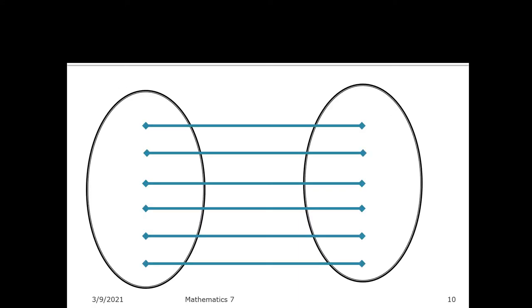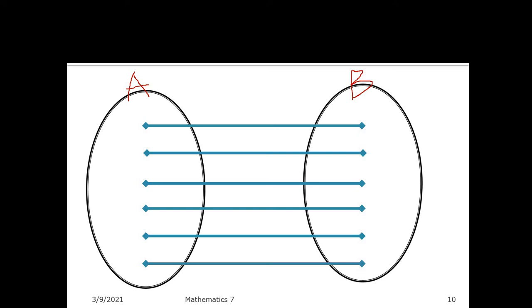That means we cannot repeat our domain or our input. In this case, this is set A, and the second one is our set B. Every element in A is paired with exactly one element in B. So they have a unique pair, each of them.